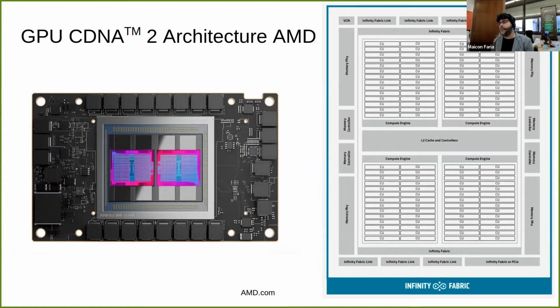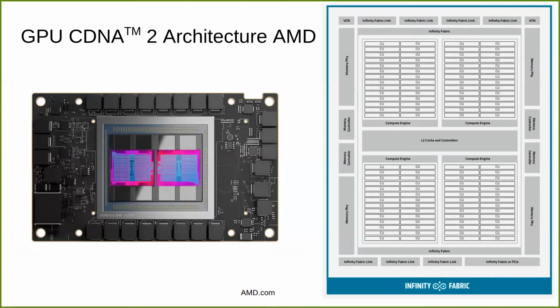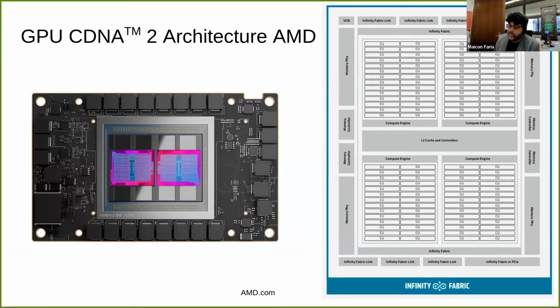And here's an example: on the left we have a beautiful picture of a GPU showing 2 dies, and we have one schematic of the die showing the compute units, the distribution of memory controllers, and also the Infinity Fabric introduced by AMD to integrate this device.